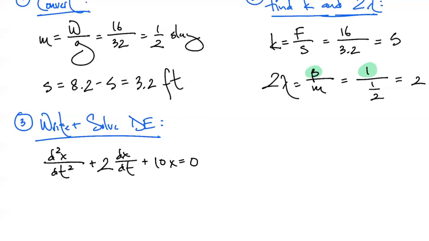The corresponding characteristic equation is r squared plus 2r plus 10 equals 0.